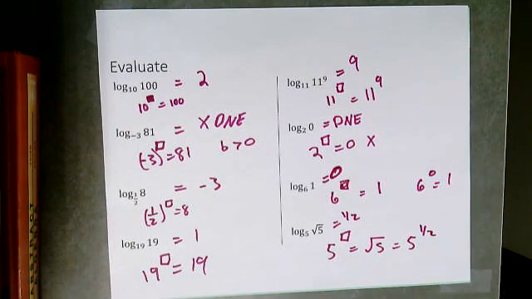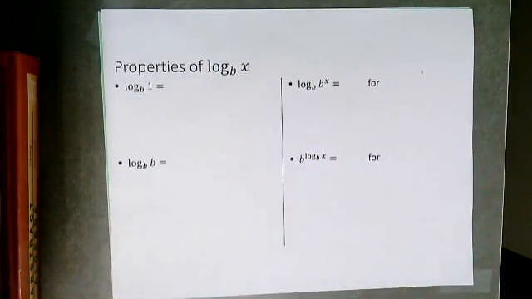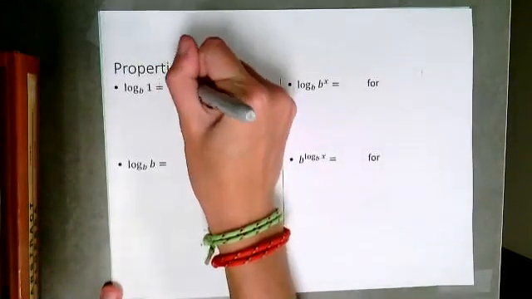So now that we've gone through and just found out some things that don't work, some things give us positive numbers, some things give us negative numbers, right? Let's go for some properties of logarithms. So if we have log base b of x, here are some important properties to know. Log base b of 1 is 0.